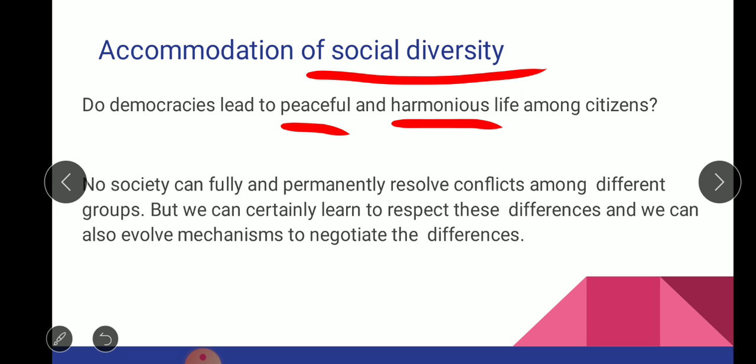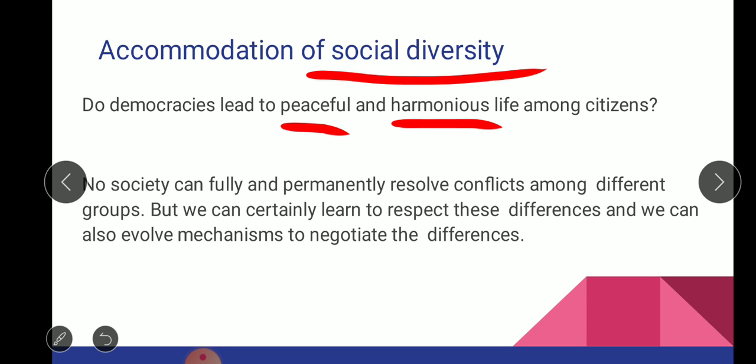That is how democracy functions. That is what happened in Belgium, and Belgium was able to accommodate its own ethnic population in all the places, right? So that is one valid example where we can say democracy is functioning in a very effective manner regarding the peacefulness and harmonious life of the people.